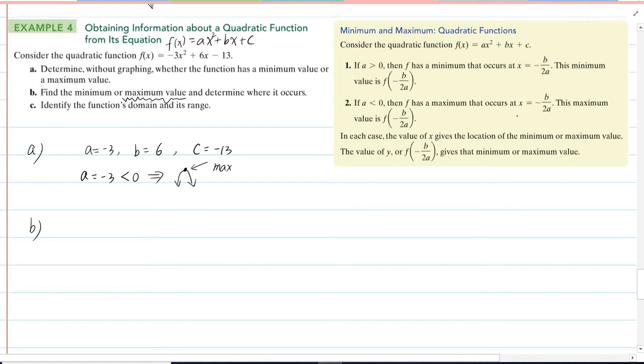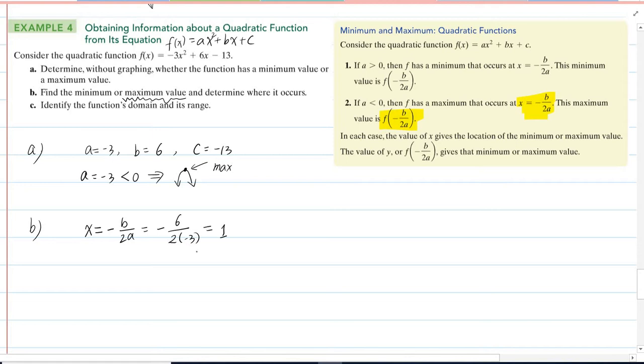If you look right here, it tells you it occurs at x equal to negative b over 2a, and the maximum value is f of negative b over 2a. So I write x equals negative b over 2a, which is negative 6 over 2 times negative 3, giving us positive 1.